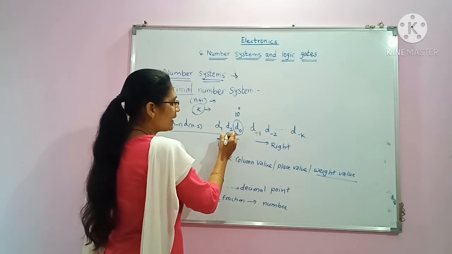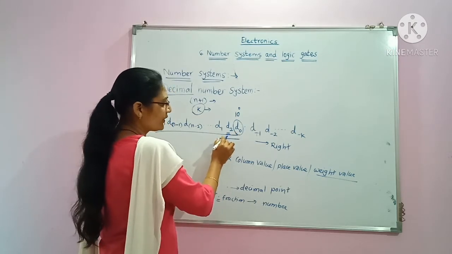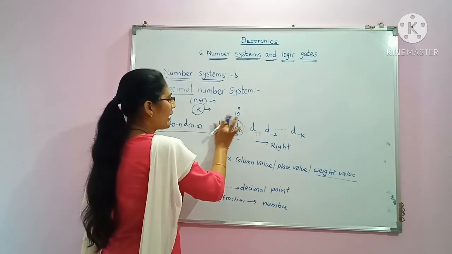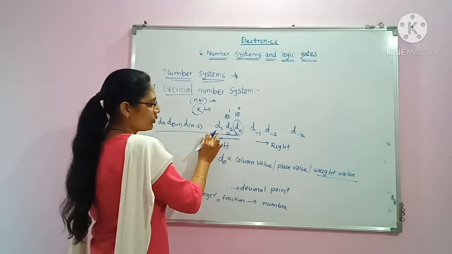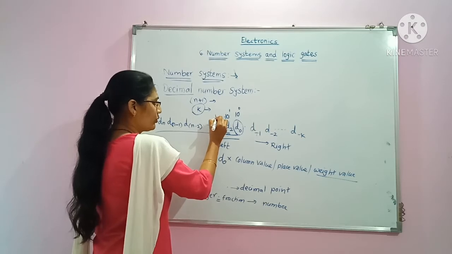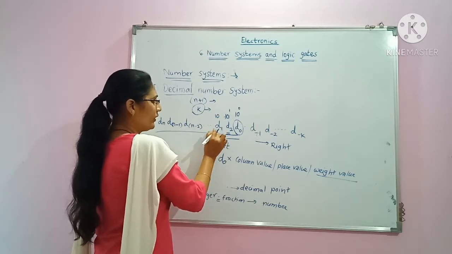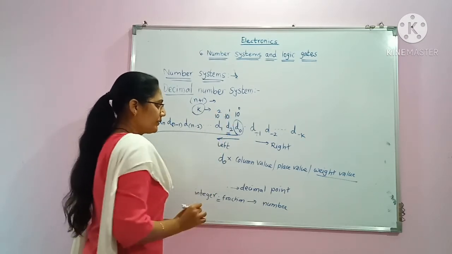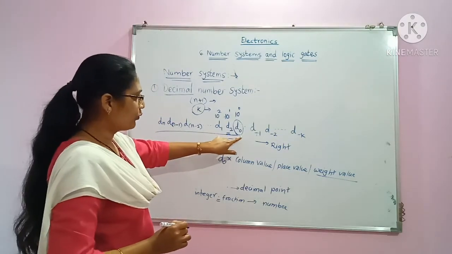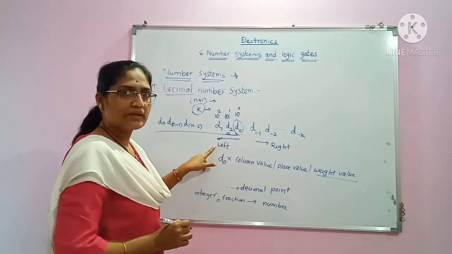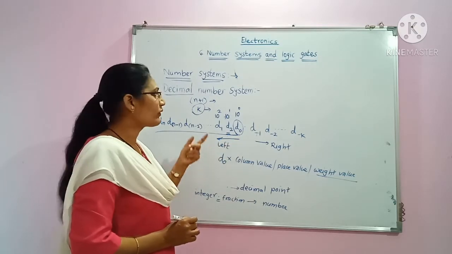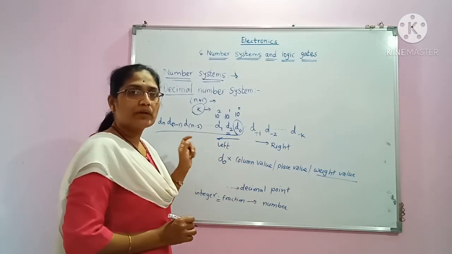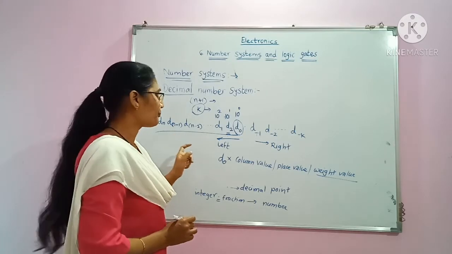For the next digit, I have to multiply by 10 raised to 1. For the next one, I have to multiply this digit with 10 raised to 2. It means that as I move towards the left of the decimal point, the value of each digit will increase in multiples of 10.